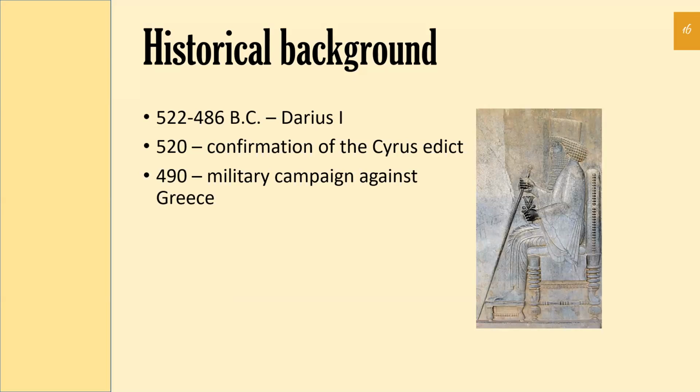So just briefly I want to mention to you that Darius I was a very successful manager and a very successful emperor, and he was able to organize his very vast empire.